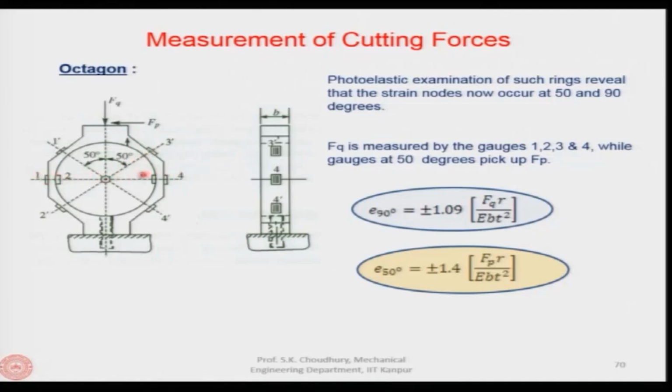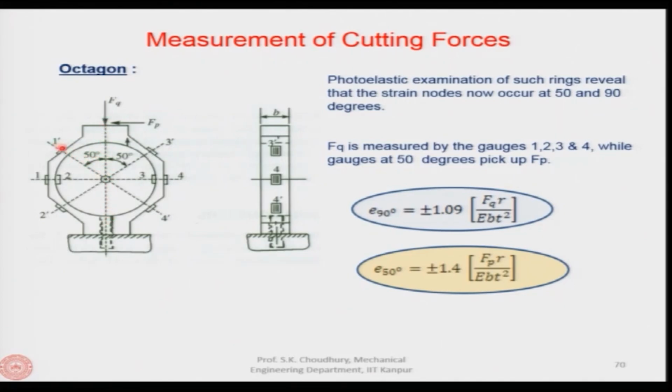At 90 degree the sensors or the strain gauges will sense the thrust force Fq as shown here, and the axial force, this is the Fp or the tangential force Fp, will be sensed by the sensors when they are placed at 50 degree with respect to the vertical axis.